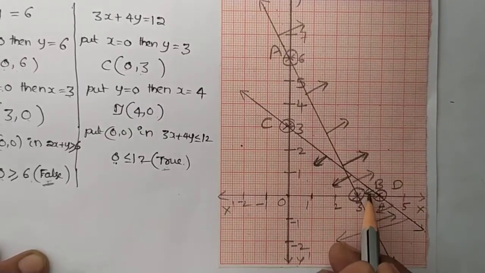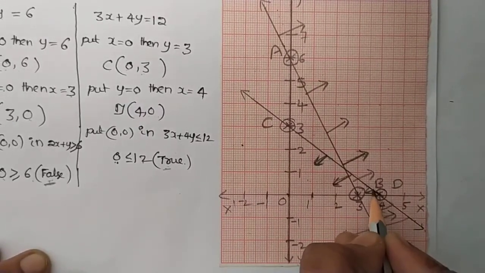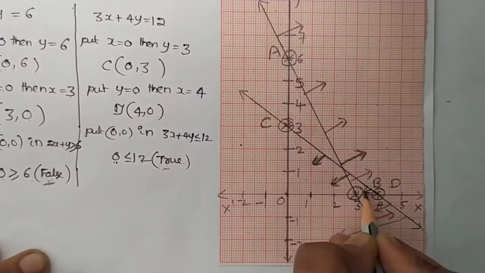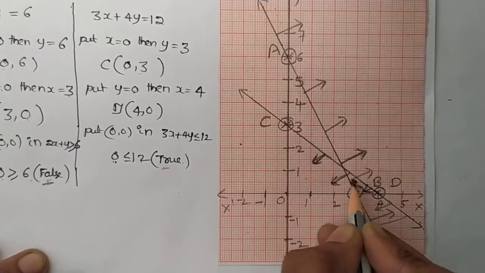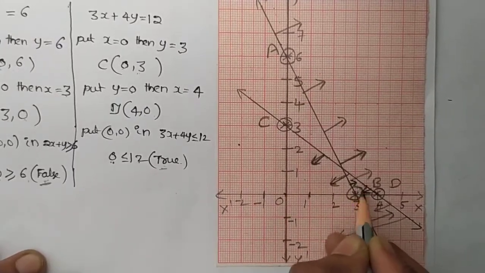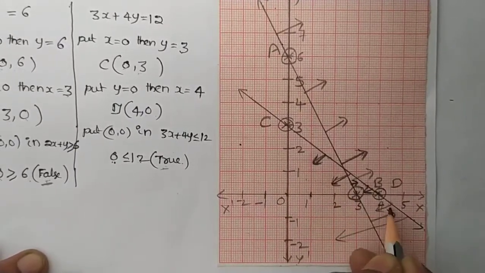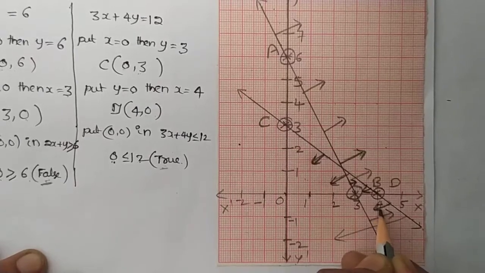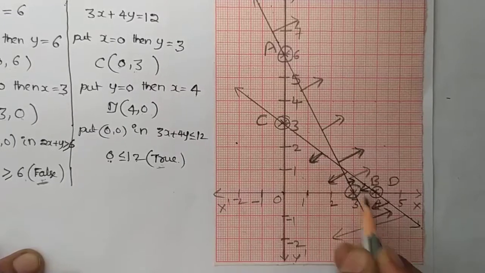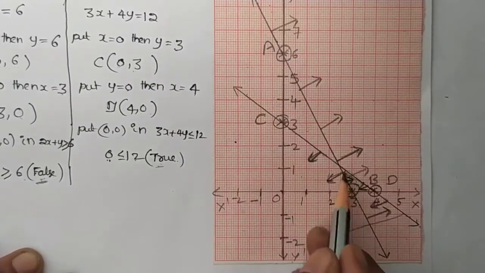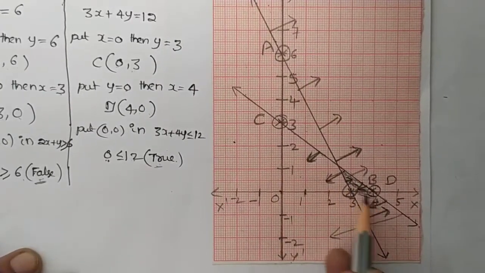If we take this region, this line is coming like this, right? Similarly it is moving upwards like this, right? See this area here also. This portion is coincided, therefore it is the solution region.